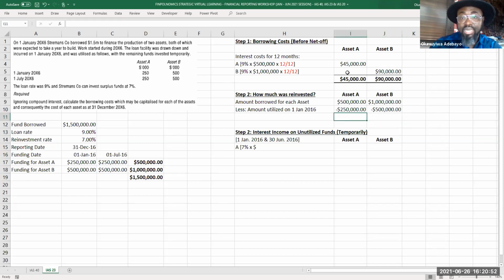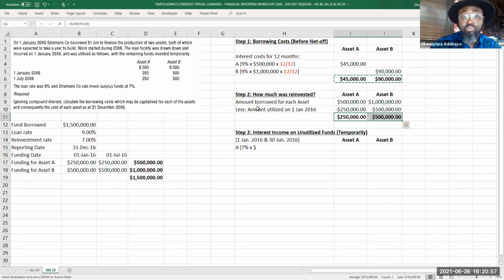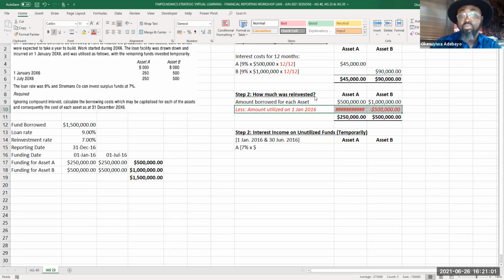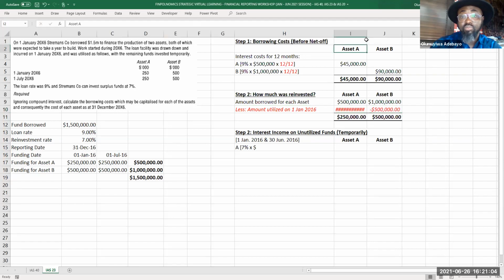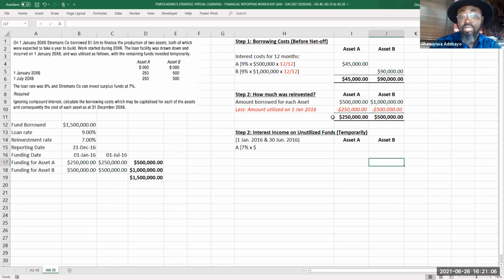Now, invariably, what do we have? Which means this is the amount we invested. And that's how I got my 250. And for B, was 500.